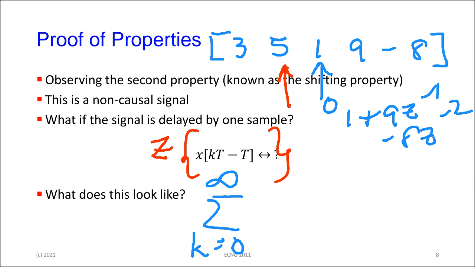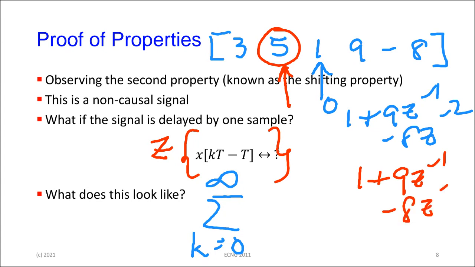If I shift this 1 down, then remember from what we said, we have the 1 plus the 9z minus 1 minus the 8z minus 2. But we delayed this by 1, so we have to multiply all of this by z to the minus 1. That takes care of this, but we now have this value here that we didn't take into account before.